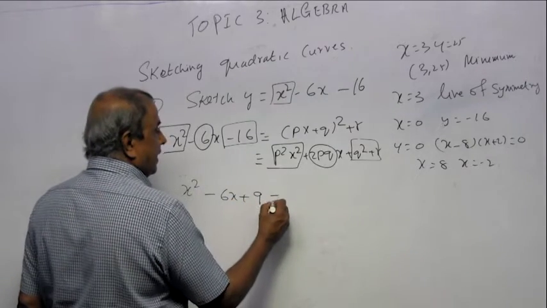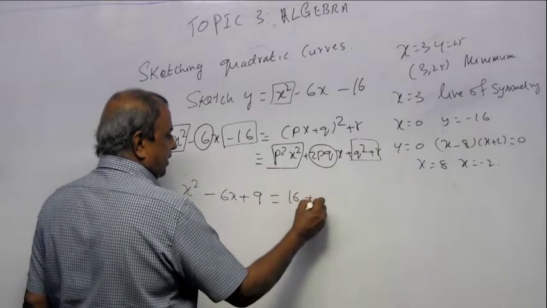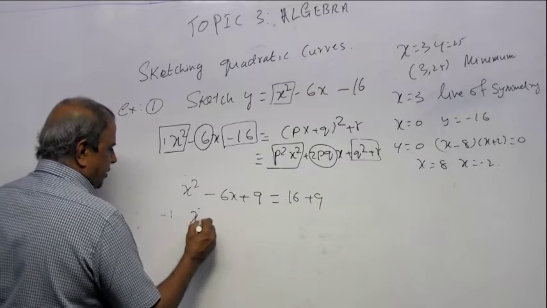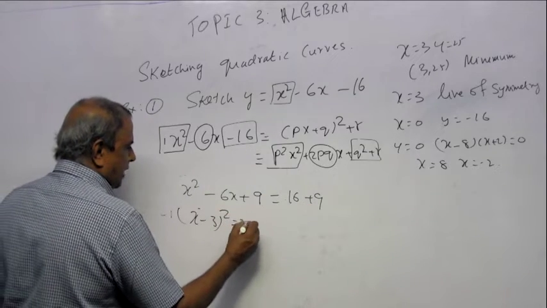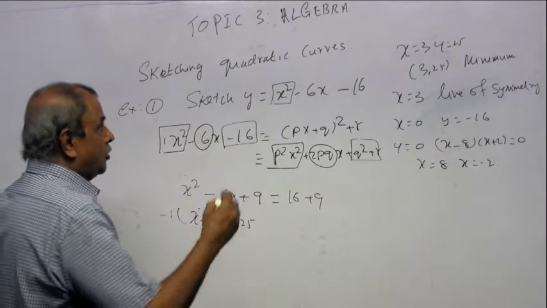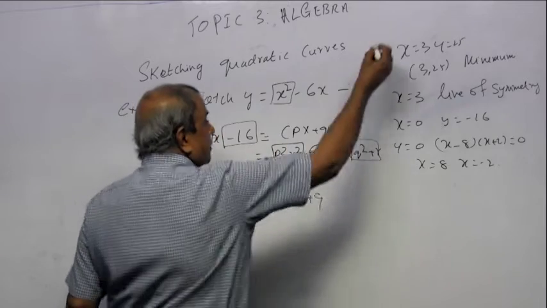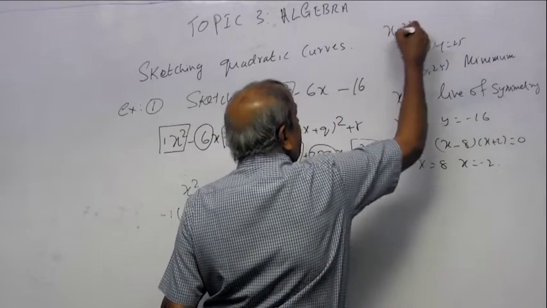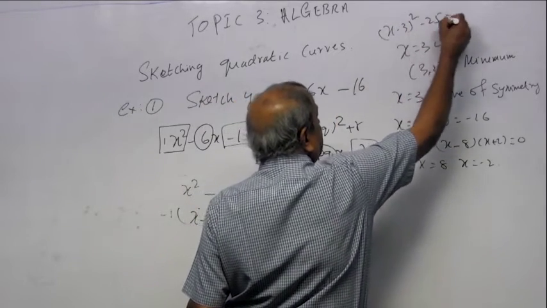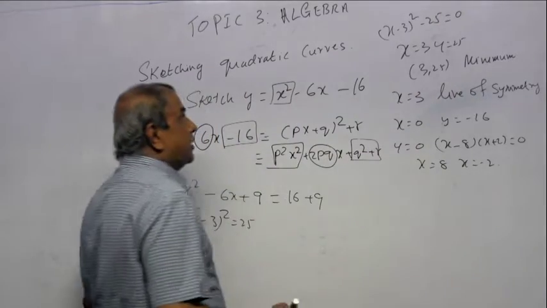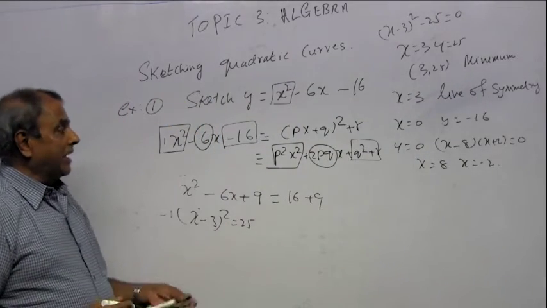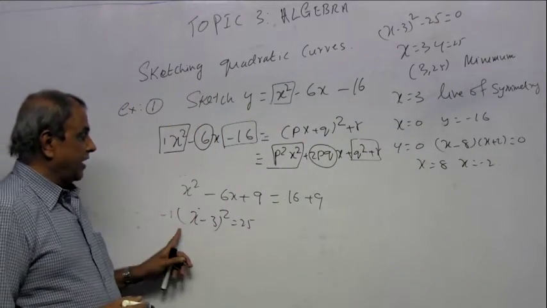So you add a 9, equal to 16 plus 9. So you get x minus 3 whole squared equal to 25, which you could get because remember, when I did this, I had x minus 3 whole squared minus 25 is 0. From there, I could straight away get the same answer.